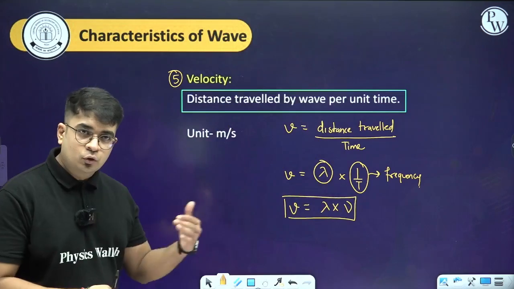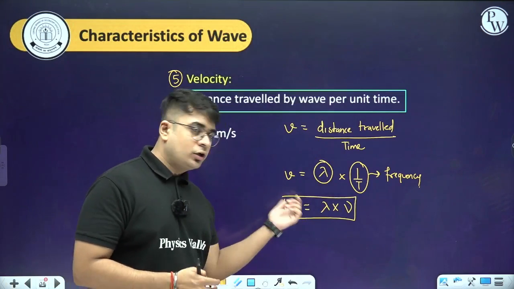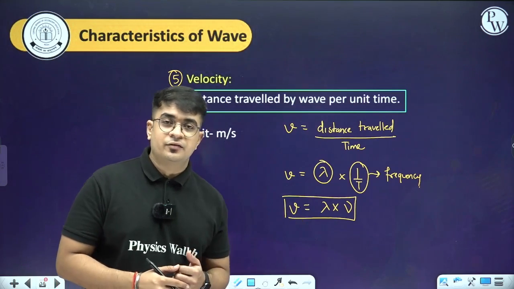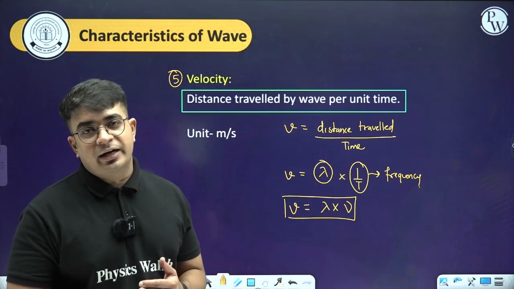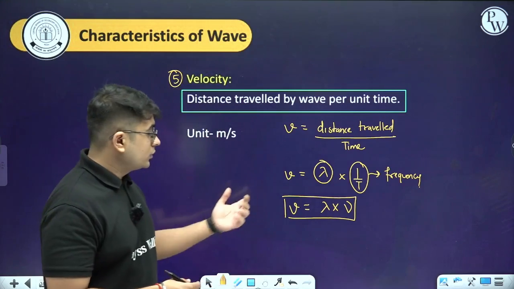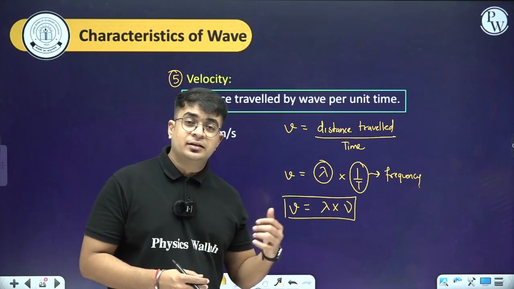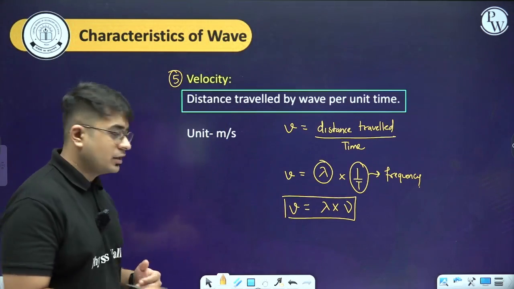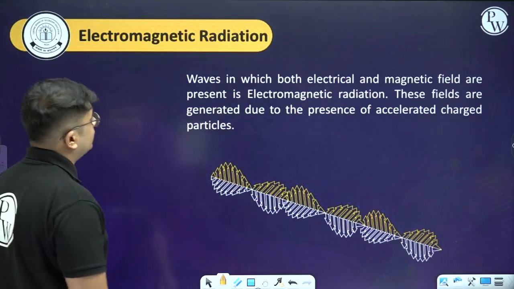We are going to discuss this more elaborately, because if I am talking about light, this velocity becomes a very specific value, which is 3 multiplied by 10 raised to the power 8 meter per second, denoted by C. So we know there is an equation that nu is equal to C upon lambda. This is the origin of this same equation. I hope the entire portion is clear to everyone.